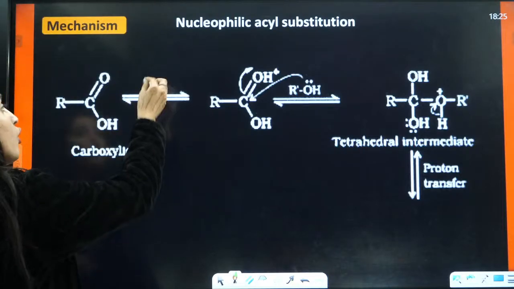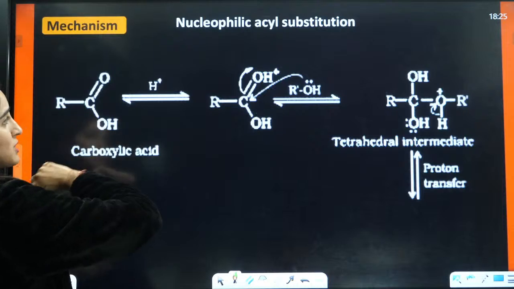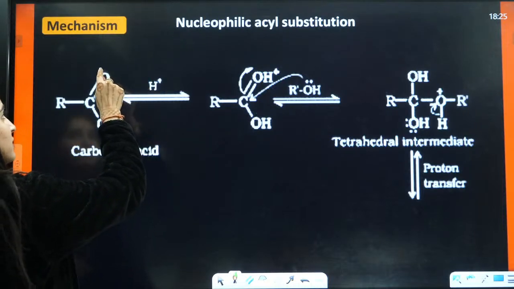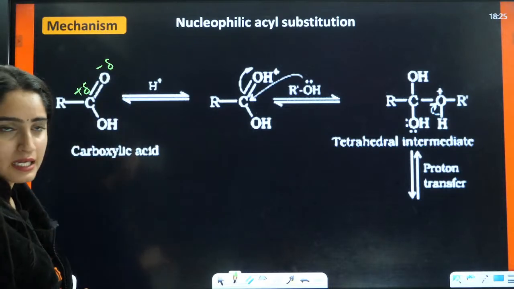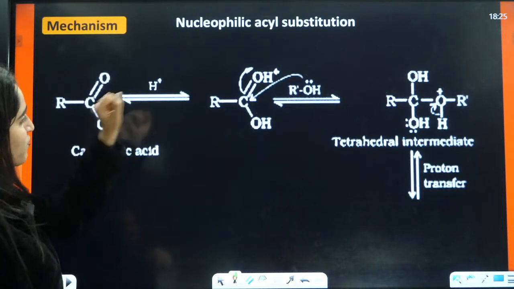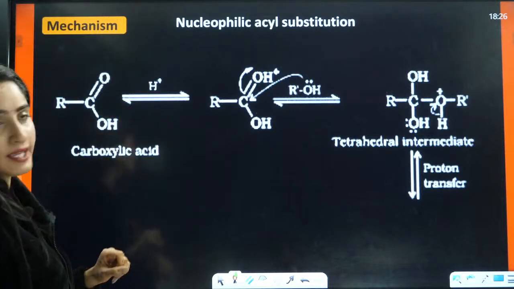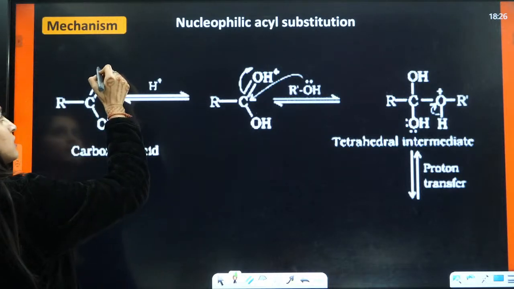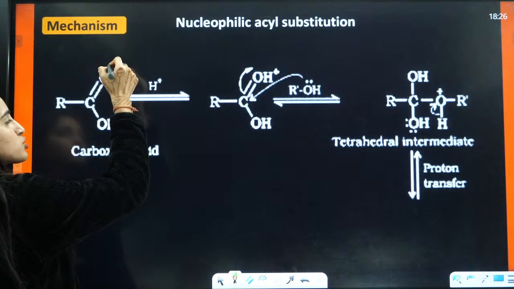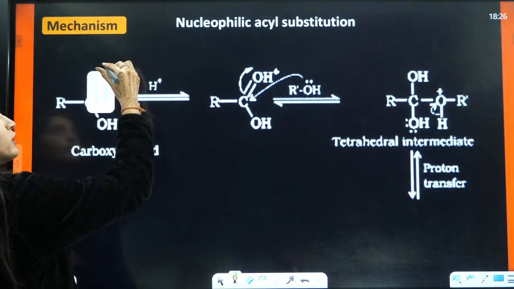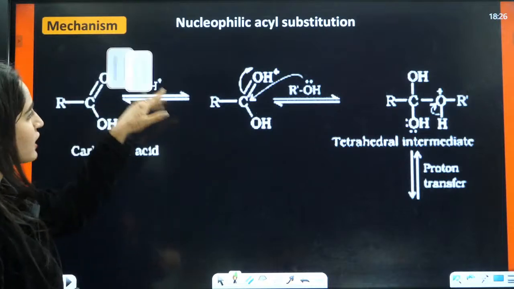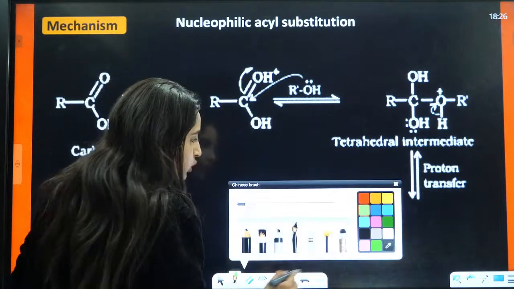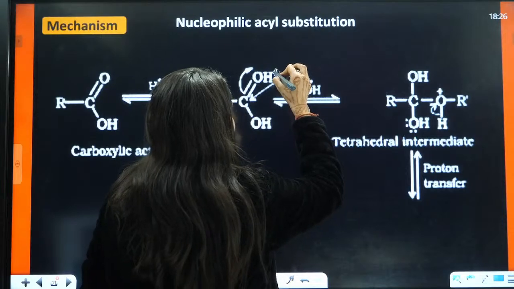Now we know that this is a carboxylic acid. So what is going to happen? This is electronegative, this is electropositive, right? Now this H positive is going to attack here, because these also have lone pairs. So it is going to attach here, and now the oxygen will have 3 bonds. That is why there will be 1 positive here, not on the hydrogen.